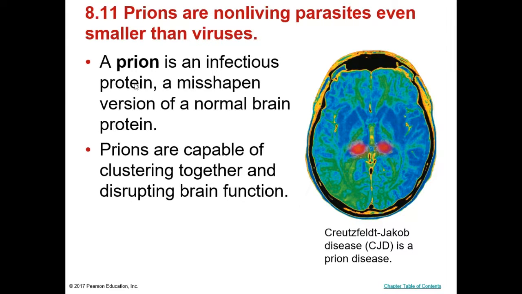If there are issues, then we have physiological mechanisms like proteasomes that allow us to get rid of misshapen proteins. But sometimes, and rarely, these misshapen proteins are not dealt with, and therefore they can cause infections. Those are called prions, by the way.